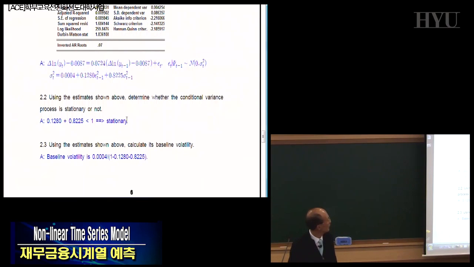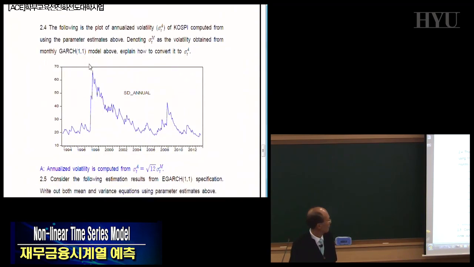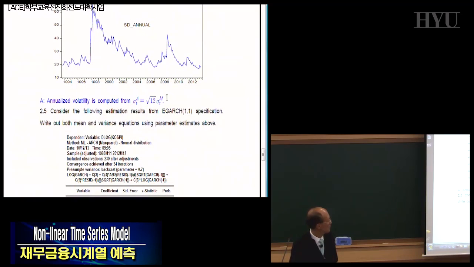And the baseline volatility is computed as the ratio of this constant to 1 minus the sum of these two coefficients. Okay? Monthly standard deviation is annualized by multiplying by square root 12. Okay?